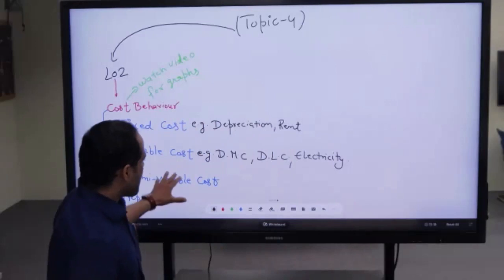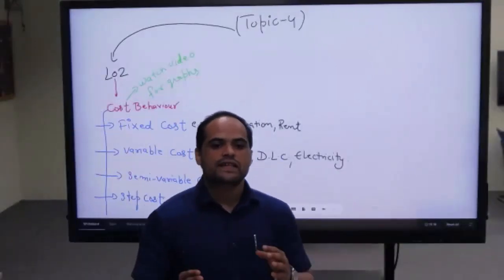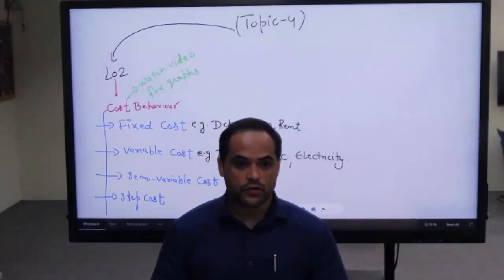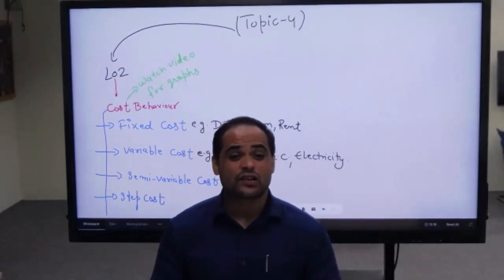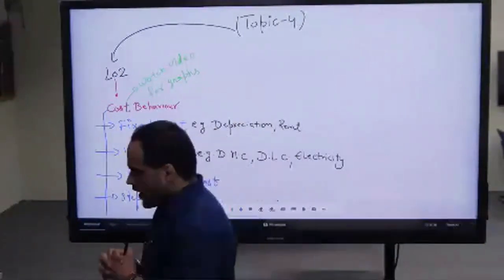So semi-variable cost is a cost which is the combination of fixed and variable cost. Sometimes we call it semi-variable cost, or sometimes we call it semi-fixed cost. Same thing.